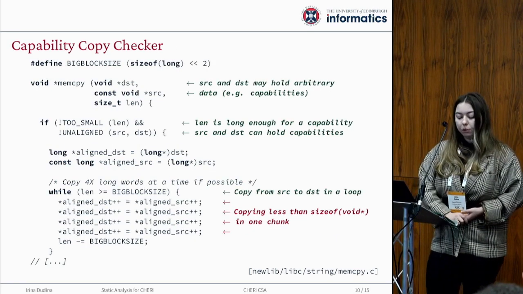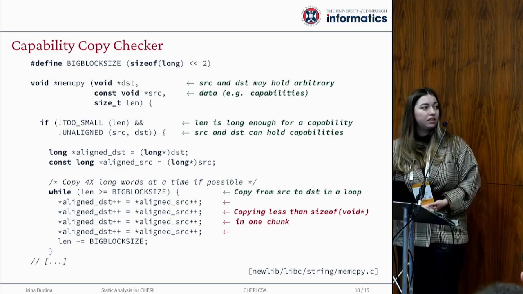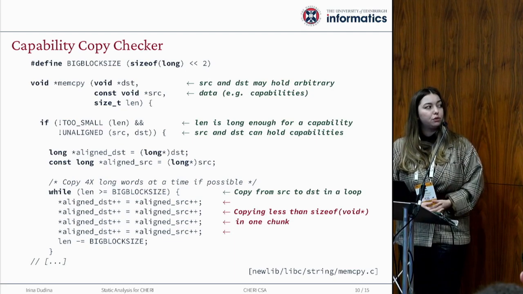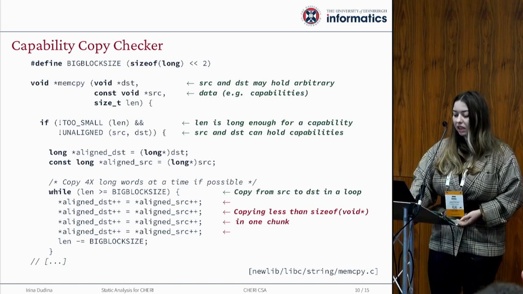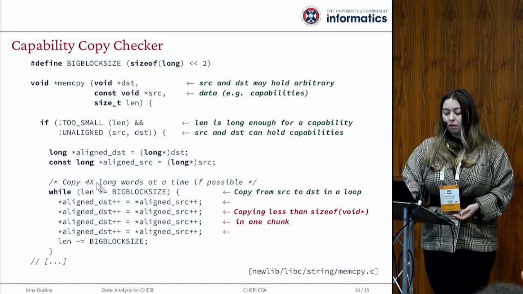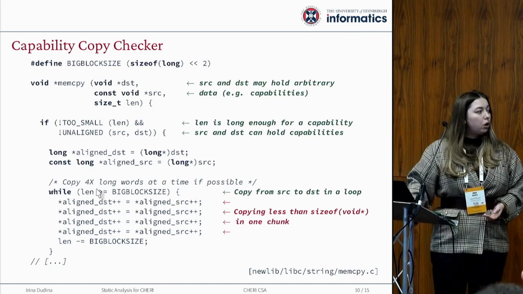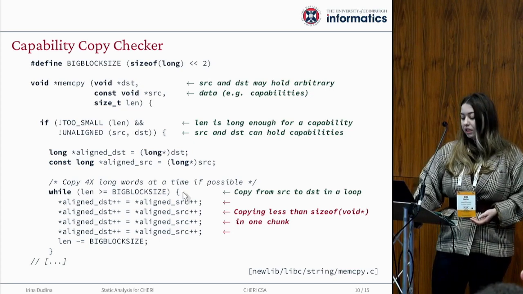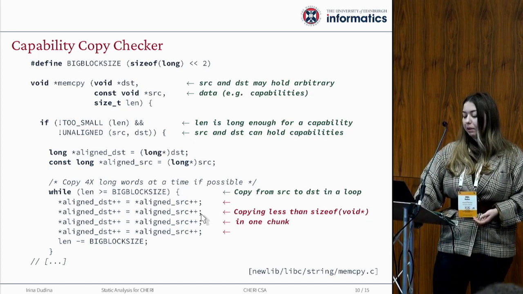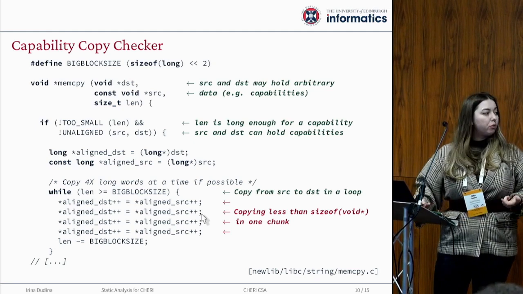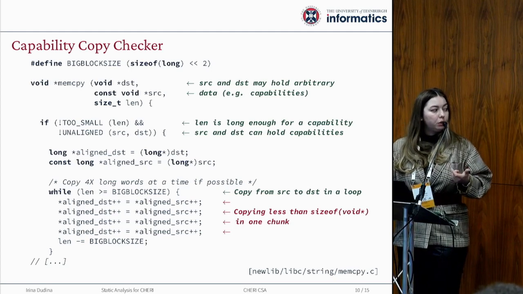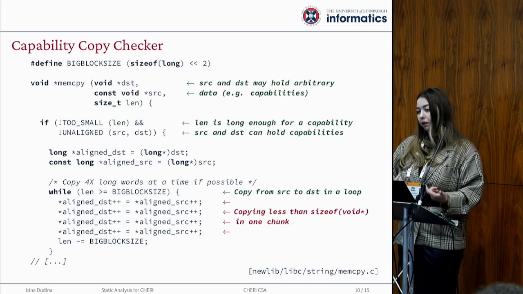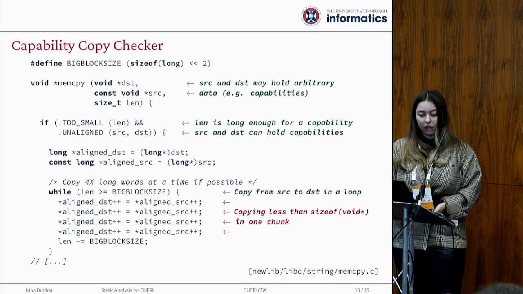So another checker that we have doesn't have a lot of true positives, and it was not easy to implement, but yeah, still. It detects memory copies that may potentially copy capabilities, but they copy memory in smaller chunks so that you will not copy the capability as a whole, and therefore you will lose the tag.